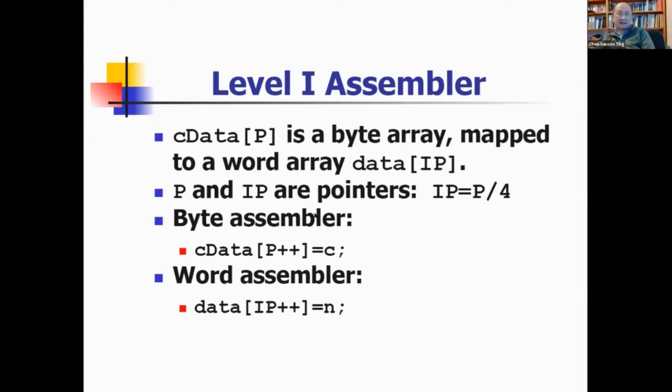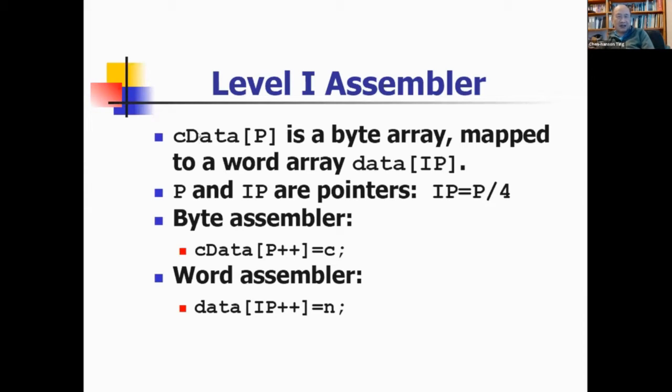So the level 1 assembler: if I want to compile a FORTH system, the minimum is something that can compile bytes and words. So in the C code, I open up a big array for the dictionary.